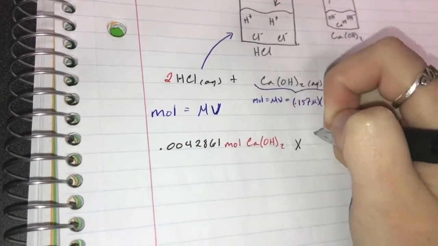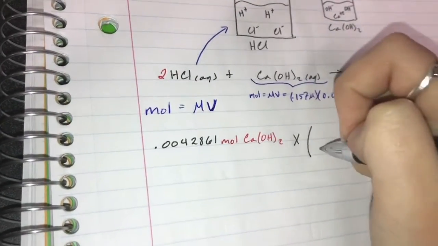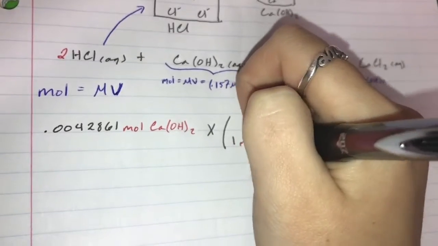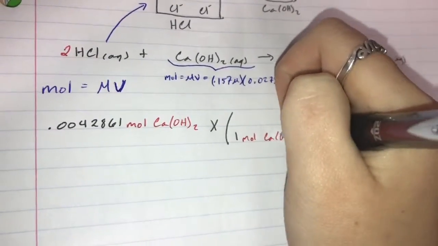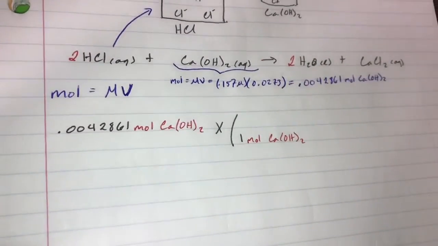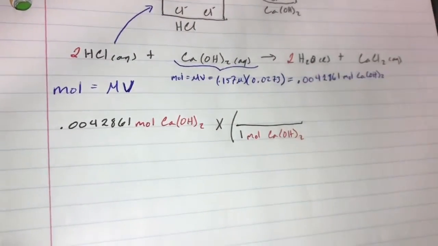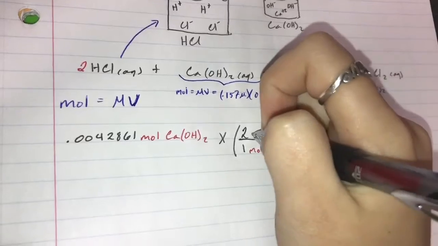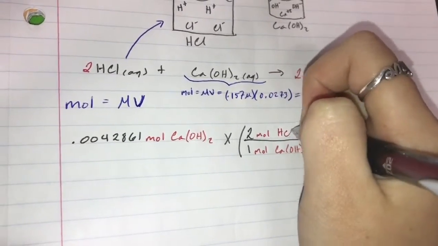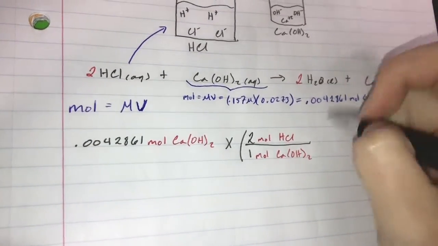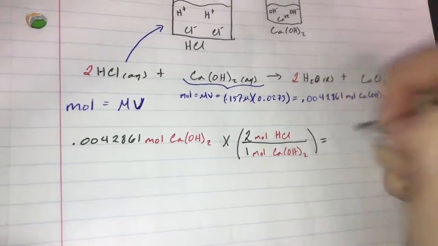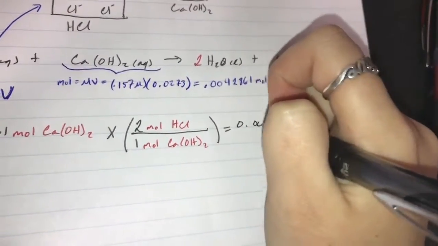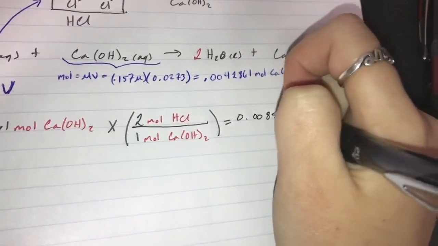So we have the moles of that, and we multiply. When we look at that, we are going to get a really teeny tiny number.